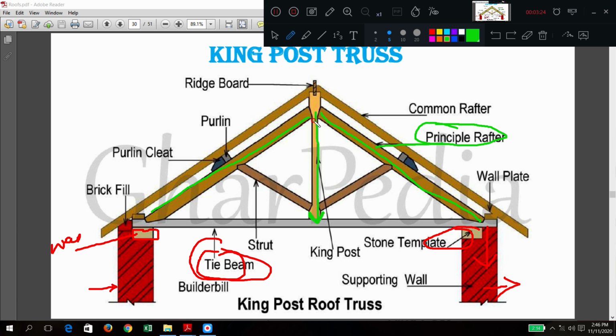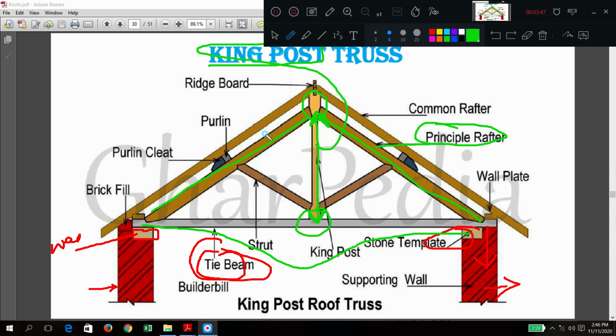In the previous class we have seen this. It is called the king post, and that is why the name king post. At one end it will hold the ridge beam, and at the other end it connects to the tie beam. If the king post is not there, the tie beam would have sagged like this.